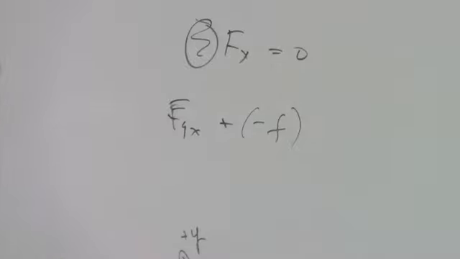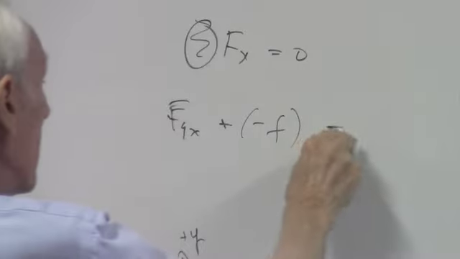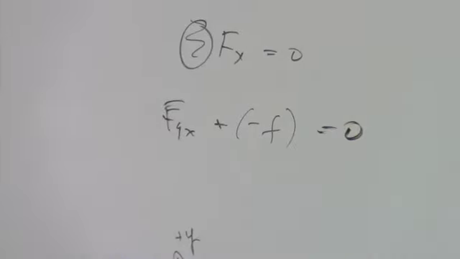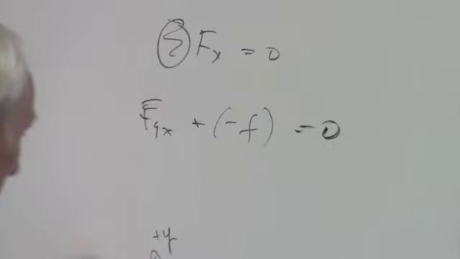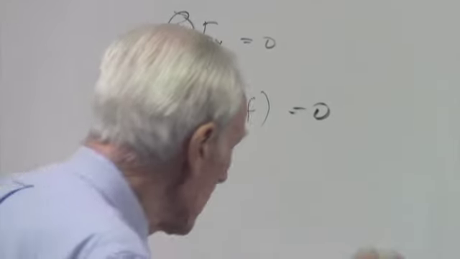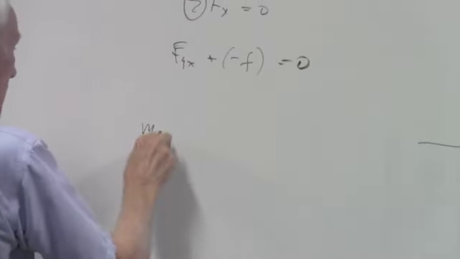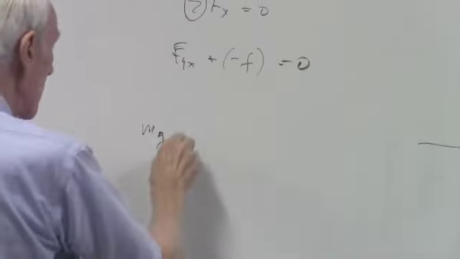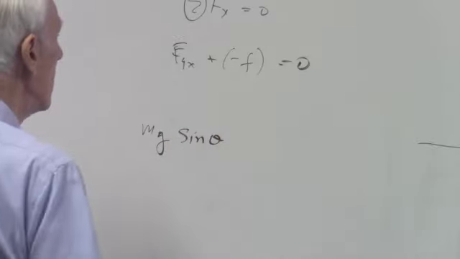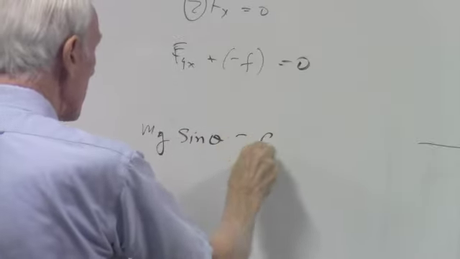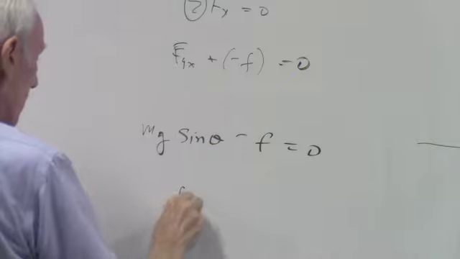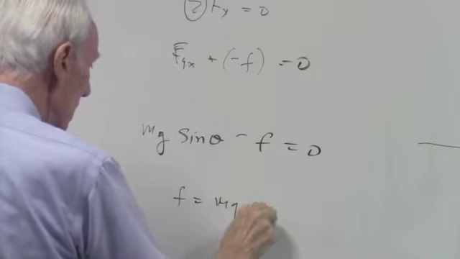That one force here is in the minus x direction. If it's in equilibrium, those add up to 0. So, F_gx is mg sine theta, we only have one mass, so mg sine theta minus the frictional force is 0, or the frictional force is mg sine theta.